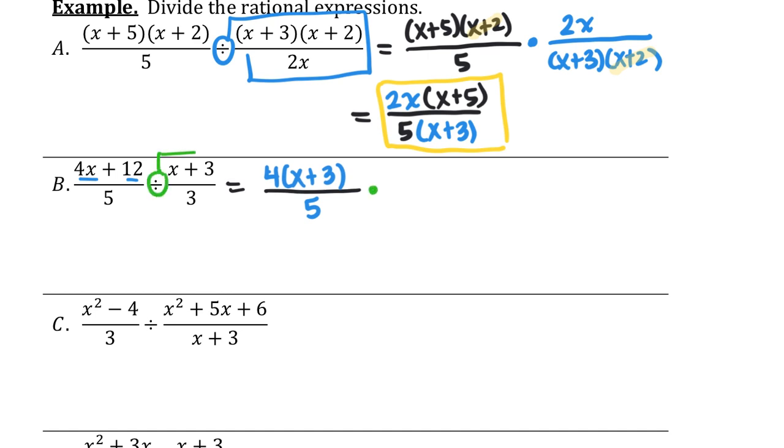But to do that, I need to change this to the reciprocal. So now the 3 is at the top and the x plus 3 is at the bottom. Okay, now that it's a multiplication problem, I can look for common factors and then see what's left. So on the numerator, I have 4 times 3 is 12. And in the denominator, I have a 5. So my answer is 12/5.